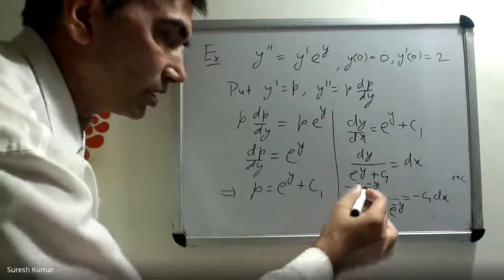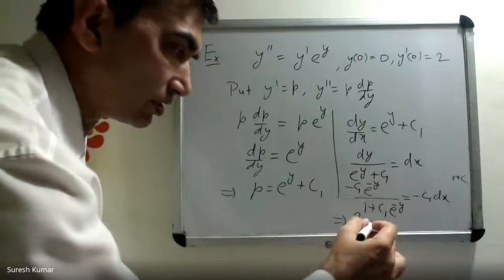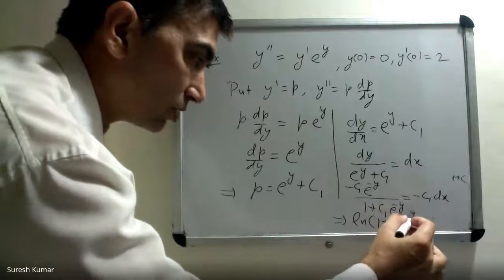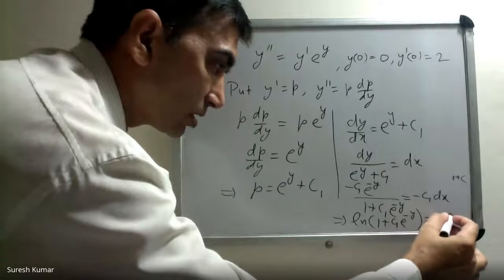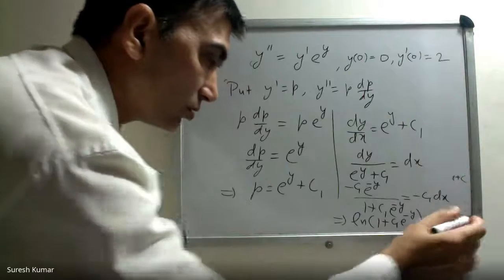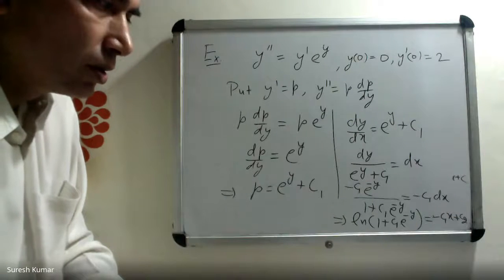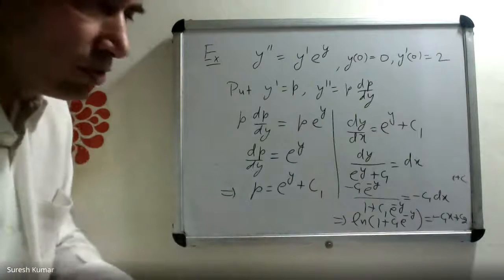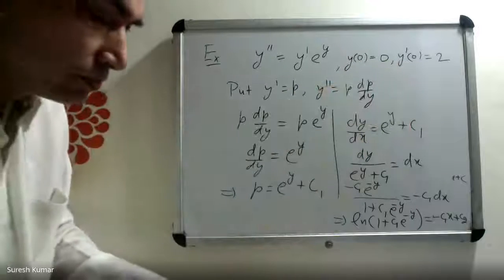Now if you integrate both sides, left hand side is exactly ln of 1 plus c1 e power minus y equal to minus c1x plus some constant of integration c2. After that, it's better to separate y from it, because you have conditions on y and y prime.